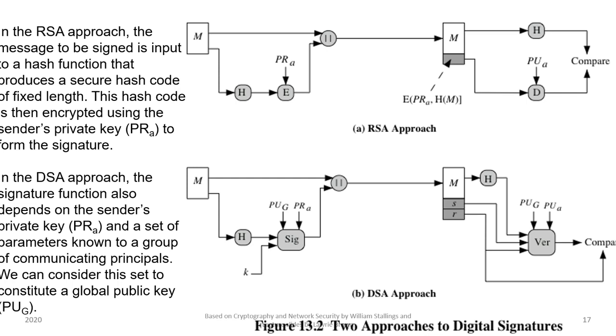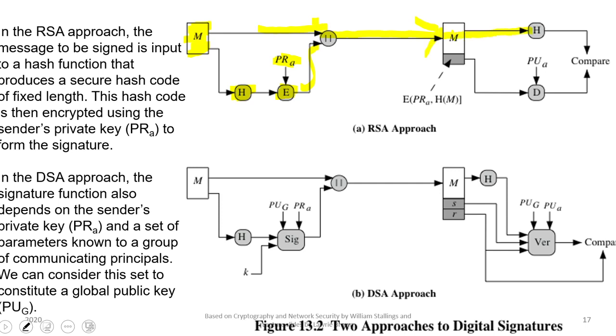In the RSA approach, we start with a message that we want to send. Then we create a hash for the message. Then using the private key, we encrypt the hash, essentially creating the signature. Then we combine these two and send it across.